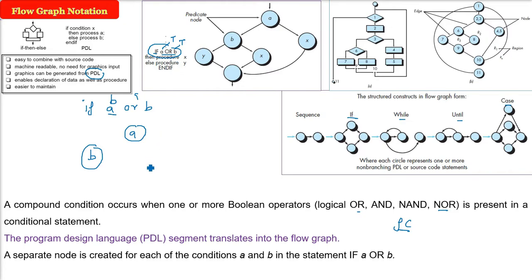So for A, if it is true, then procedure X. You don't have to worry about B. But since OR is with B, now coming to B, you'll take the condition B. Now if B is true, again you will get an X. But if both are not true, you'll go to y.